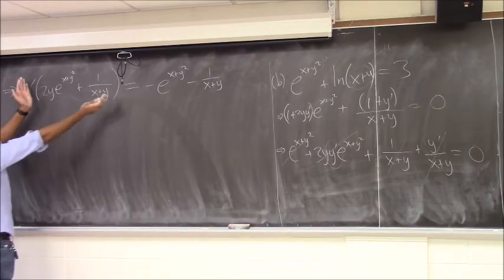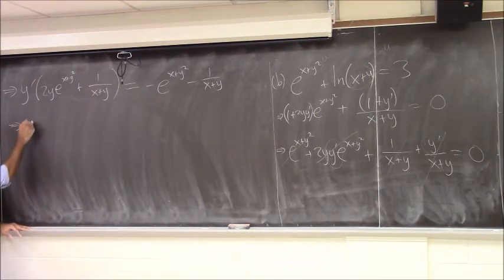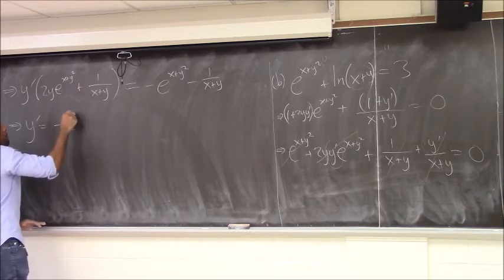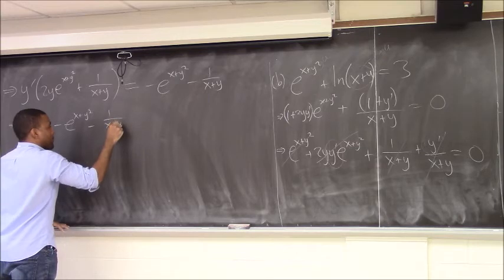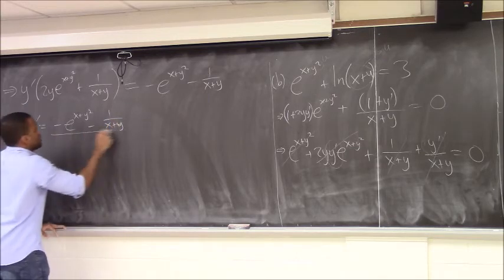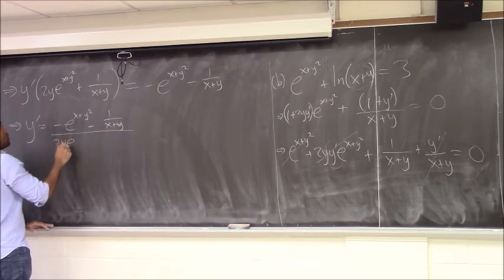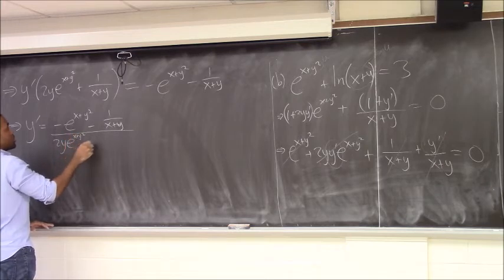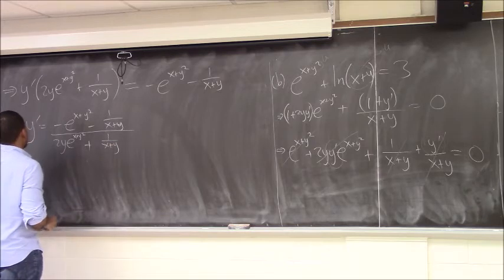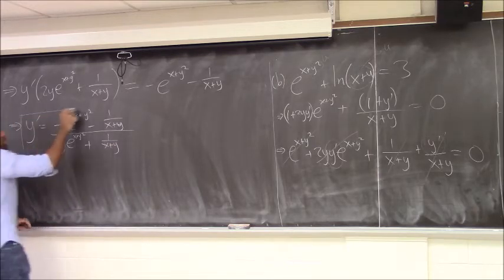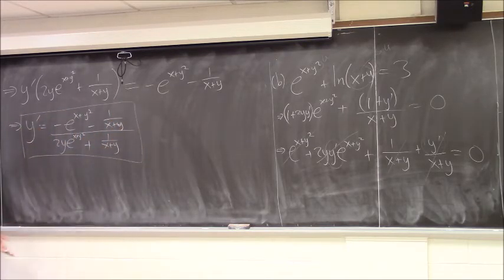Now I'm just going to divide both sides by this guy. So that means my y prime is equal to something over 2y e to the x plus y squared plus 1 over x plus y. At the moment I'd accept that answer, but it is a complex fraction. You can simplify this.